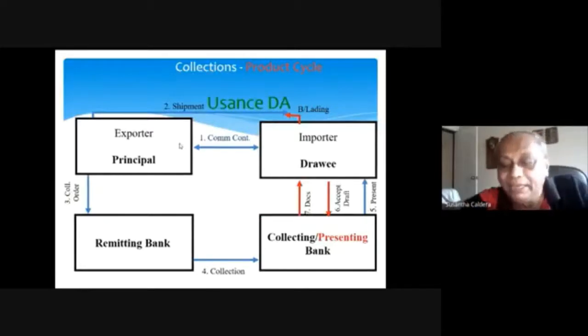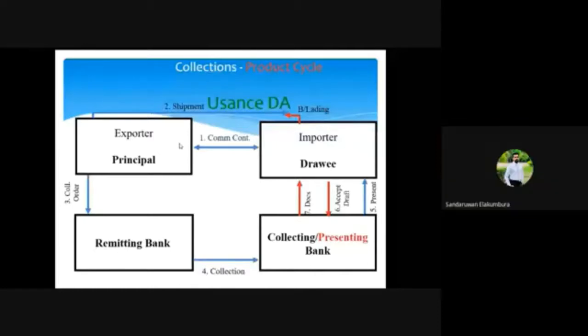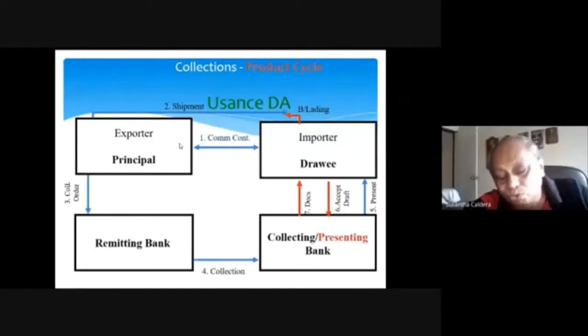On the maturity date, they did not pay. What can we do? The bank doesn't have any obligation. As the presenting bank, we have no particular obligations. Nothing.